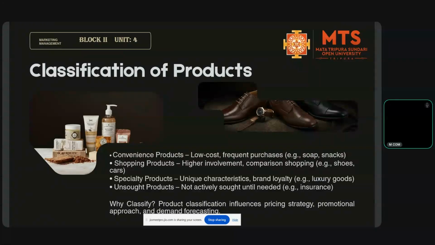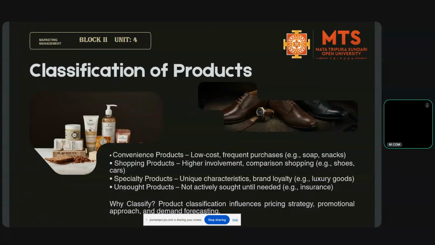Apart from rice, there are different categories of products: Colgate, millets, flours. These are less in cost and frequently purchased.